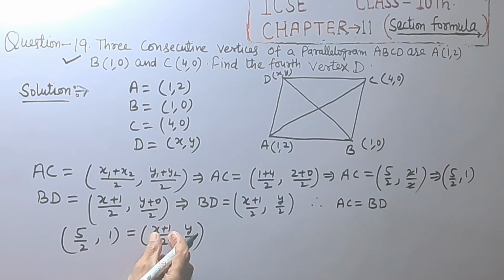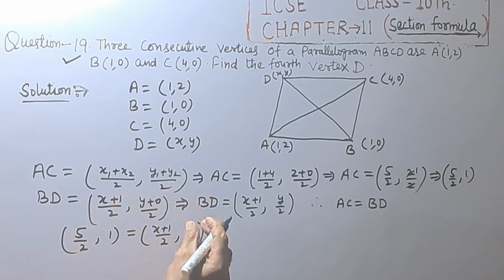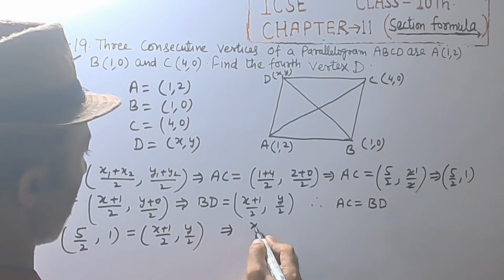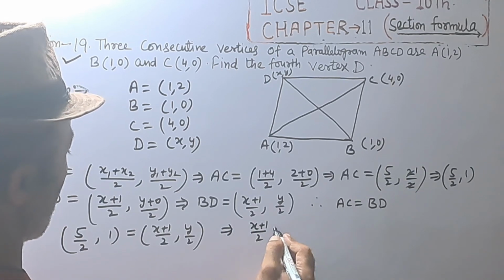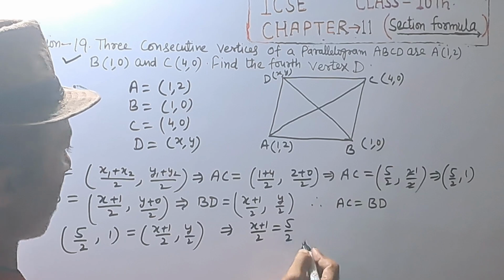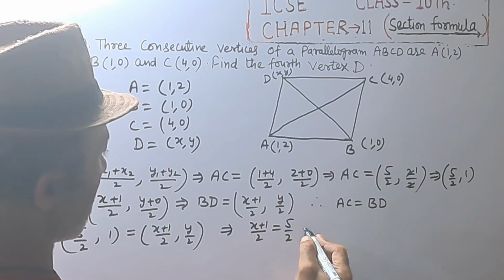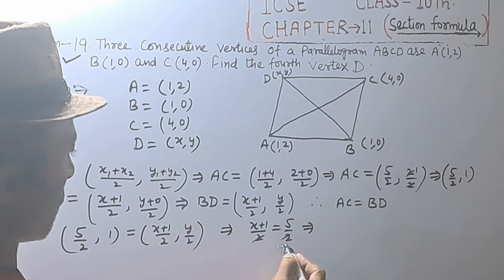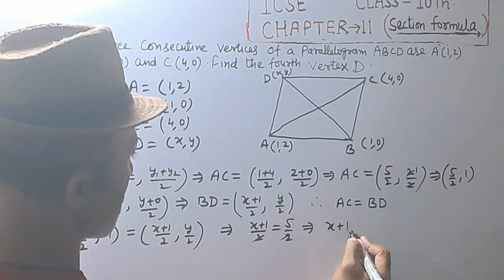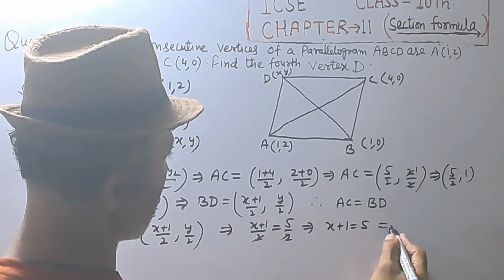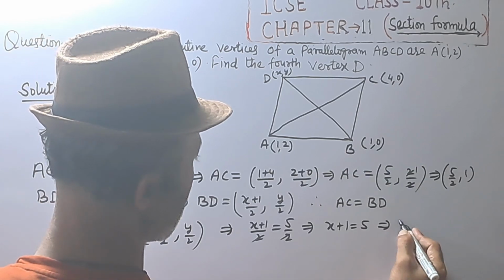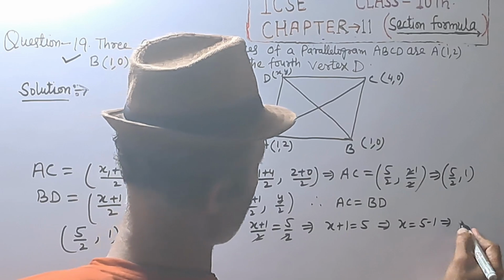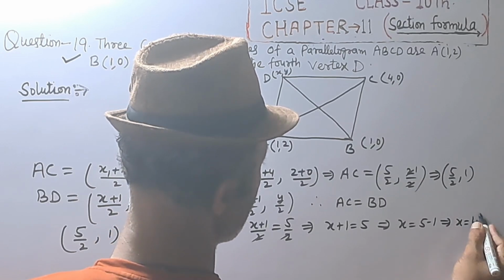First point, that is equal to 5 upon 2, and second point, that is equal to 1, which implies (x plus 1) upon 2 is equal to 5 upon 2, which implies 2 is cancelled, x plus 1 is equal to 5, and x is equal to 5 minus 1, which implies x is equal to 4.